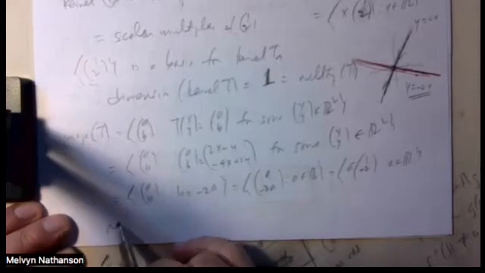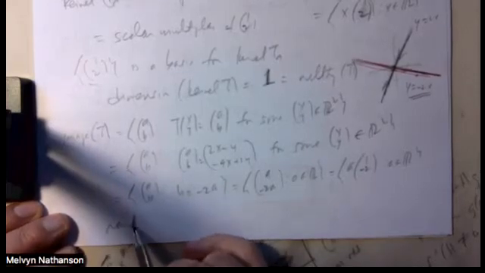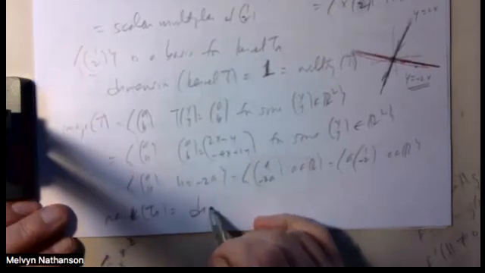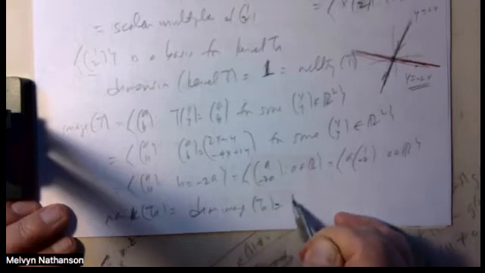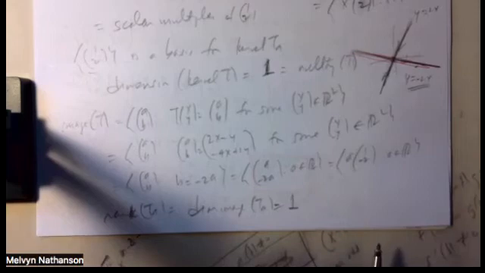So the rank of this linear transformation, which is the dimension of the image, it's one dimensional. It's all scalar multiples of one vector.